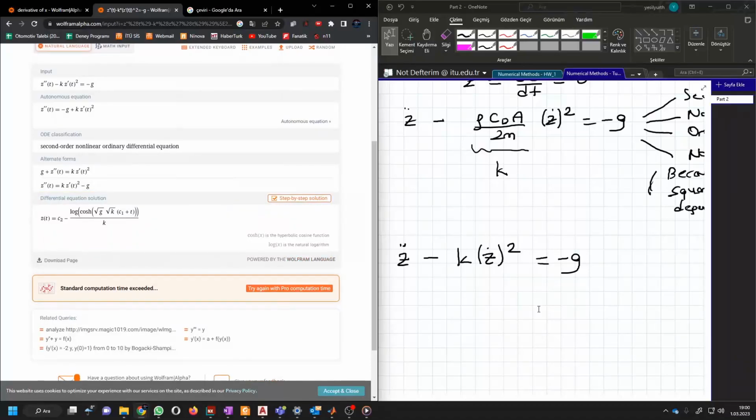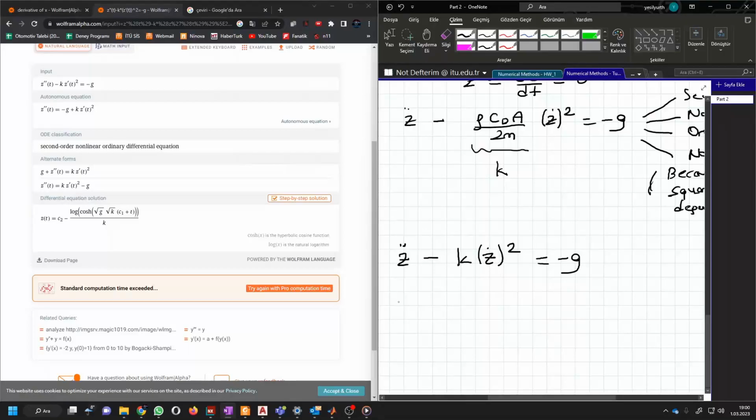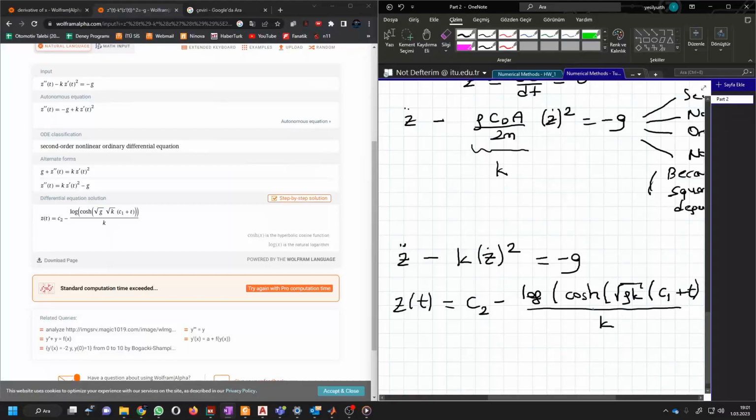So what is my solution for z, for position? It says that z of t is equal to c2 minus logarithm of cosine hyperbolic of square root of g times k times c1 plus t, over k.